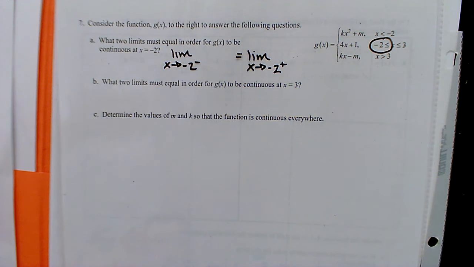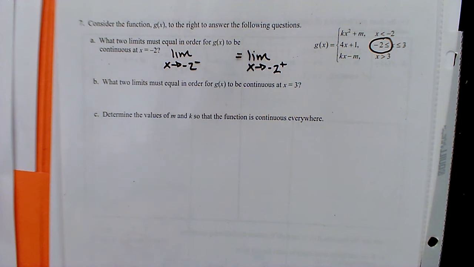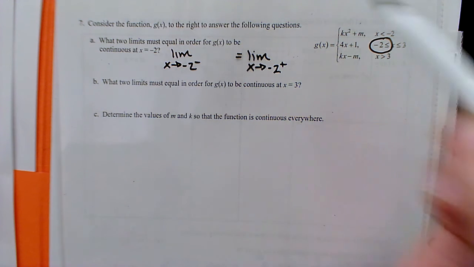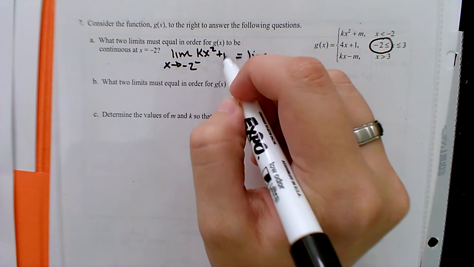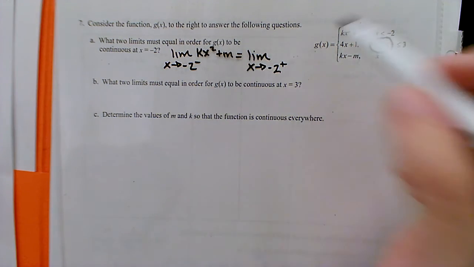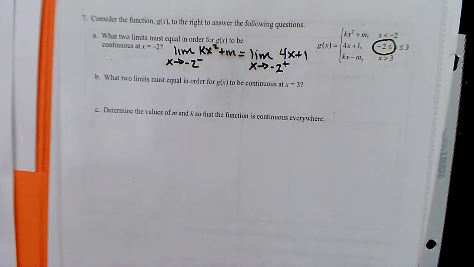Can we fill in the function or expression pieces appropriately? Which piece shows up to the left of -2? Which one shows up to the right? Are we thinking kx squared plus m for the left side? Okay. And then 4x plus 1 for the right?